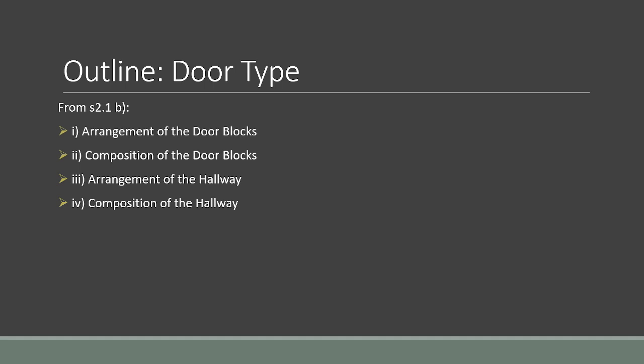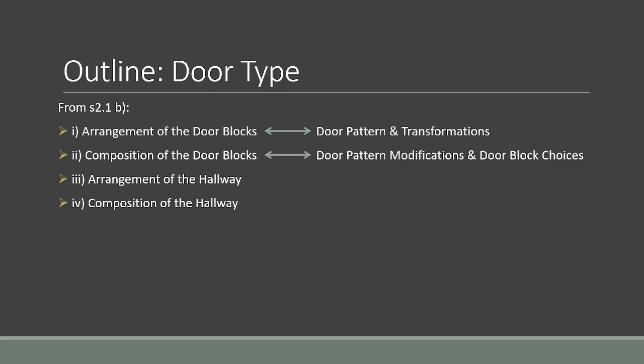So for the first section, arrangement of door blocks, you can think of it as door pattern and transformations. So door pattern really lists out the door patterns that we currently accept, and then transformations of the door patterns. And compared to the second section, we say that it is talking about door pattern modifications and door block choices. Now, what is the difference between transformations and modifications?